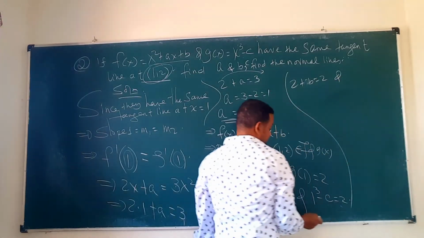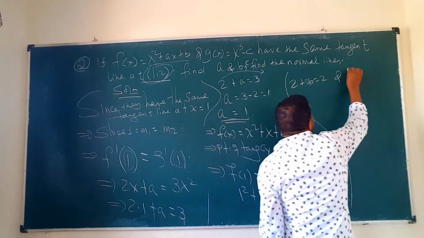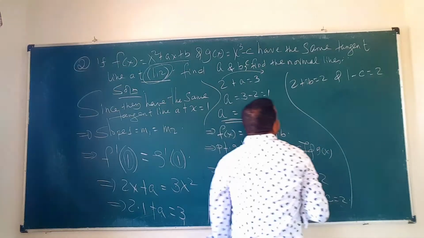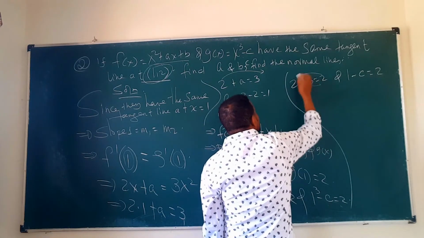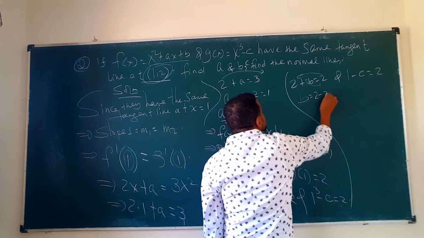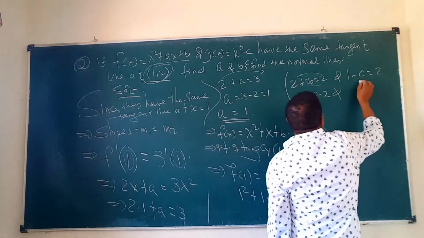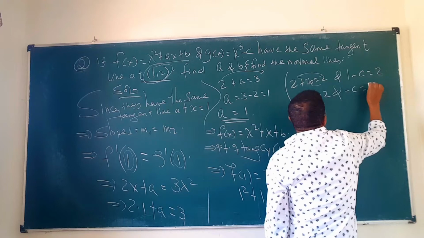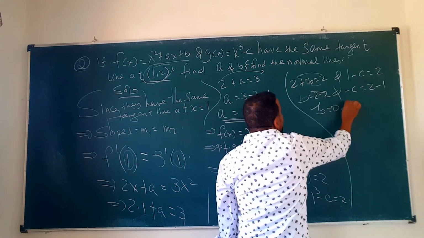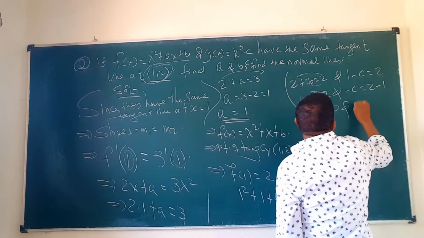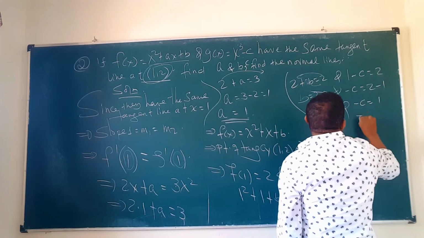And 1 cubed is 1, so 1 minus c is equal to 2. So b is equal to 2 minus 2, which is 0, and negative c is equal to 2 minus 1, which is 1.